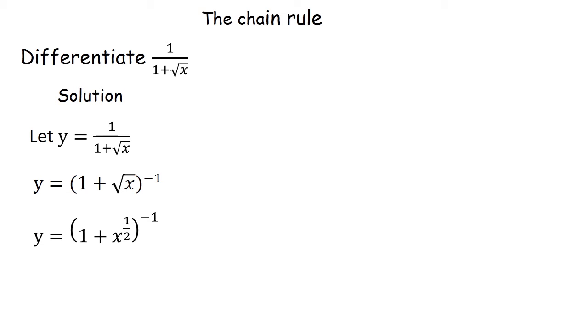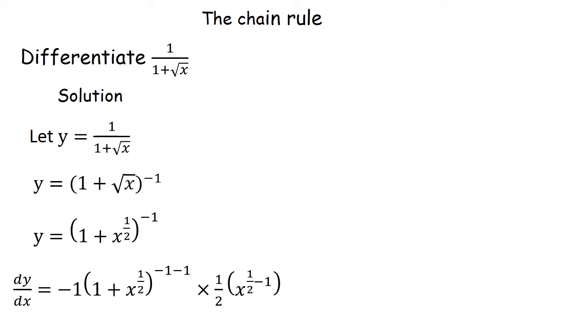So we are saying that would be that. So we get negative 1 times the inside one, so we reduce the power by 1, and then multiply by the derivative of the inside. So we should have negative 1 times (1 + x^(1/2))^(-1-1), and the derivative of the inside would be (1/2)x^(1/2 - 1).